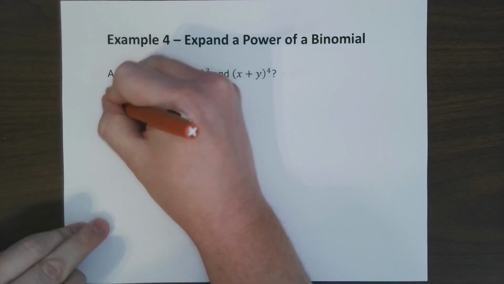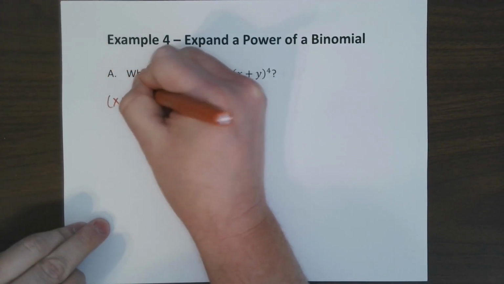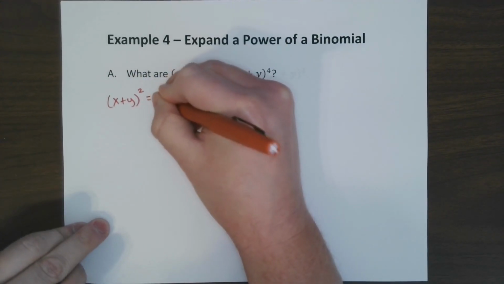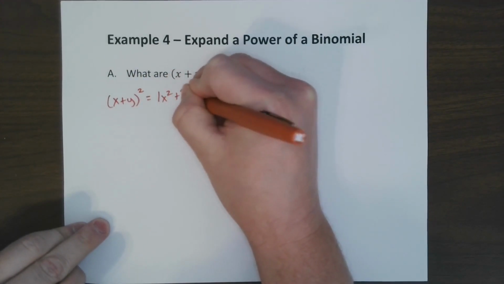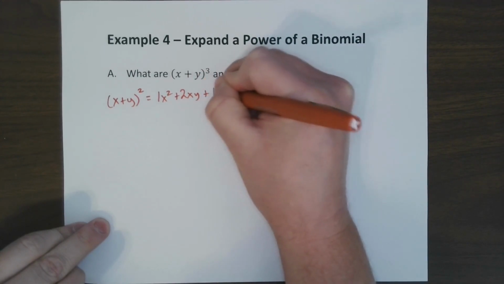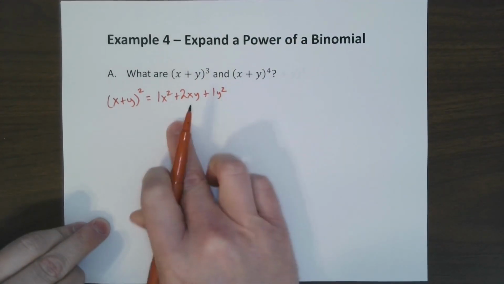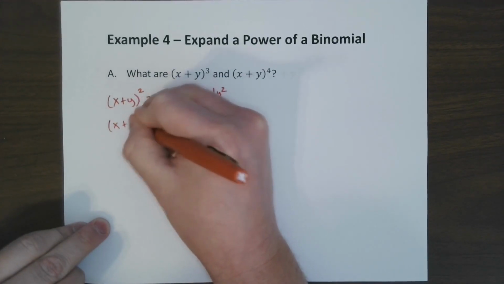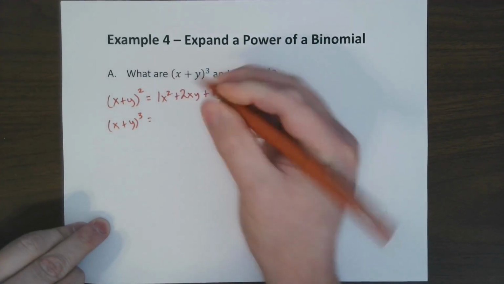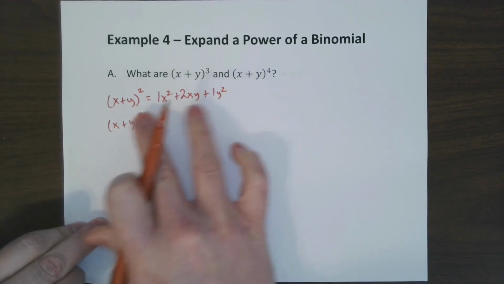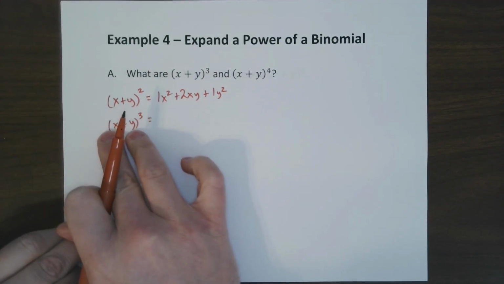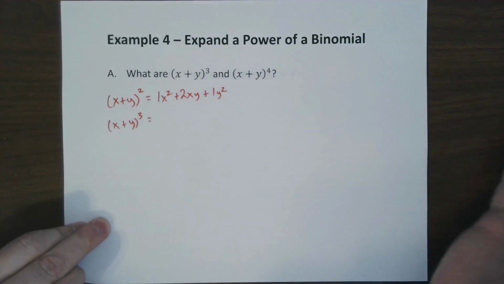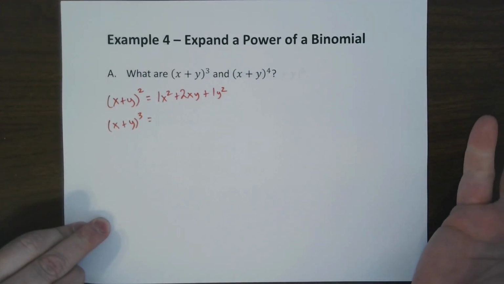We know if it's x plus y squared, you get 1x squared plus 2xy plus 1y squared. And I'm writing the ones on purpose. If you do x plus y cubed, in other words, we're going to take this right here and multiply it by x plus y again, we get a whole mess of the thing, okay?